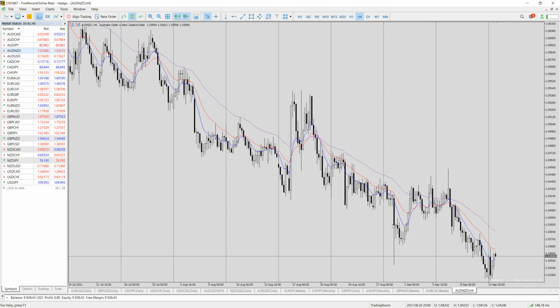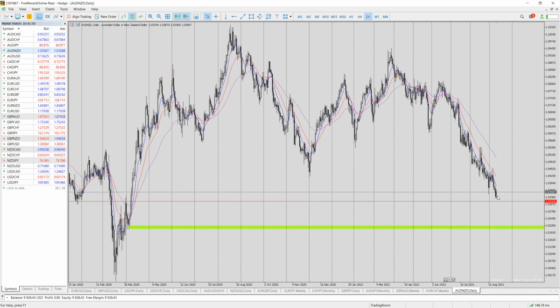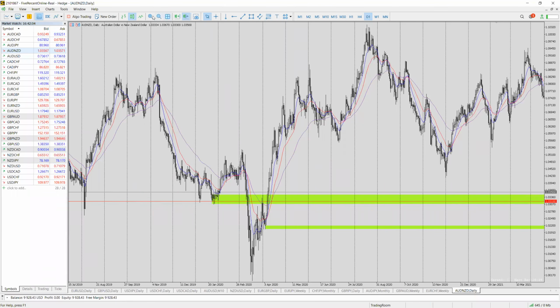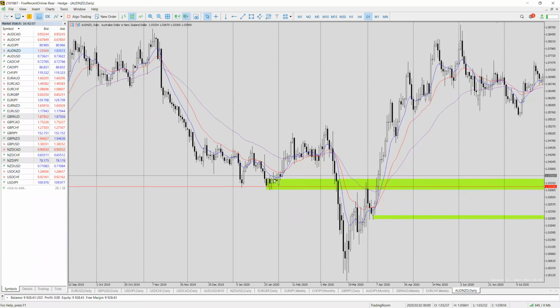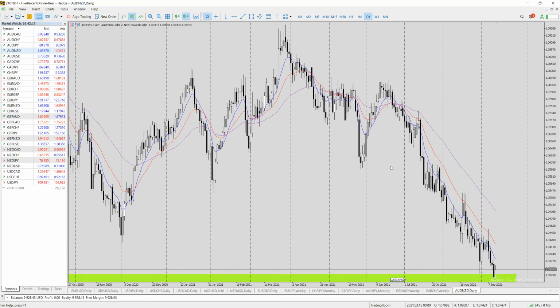Already here, there was some accumulation or some rejection from buyers, and again, potentially, it could reverse even before this area, because you can see that this whole zone is here. Let's just make it bigger. Okay, you can see here this zone, this demand zone and resistance. So this whole area is a potential area of accumulation and buyers coming in.